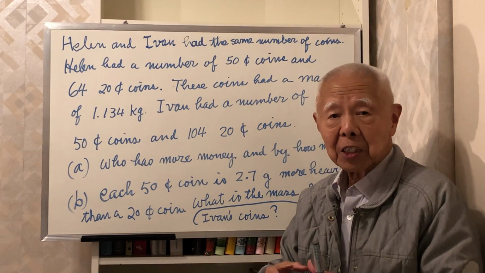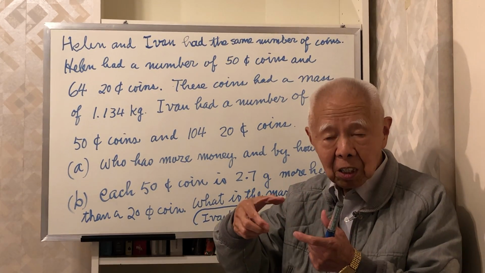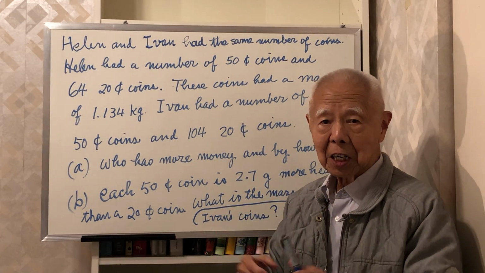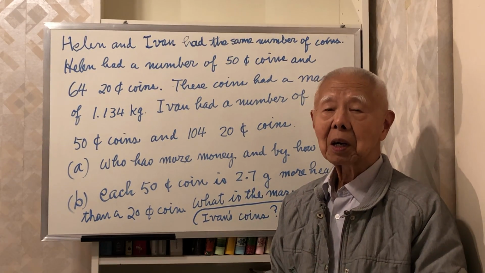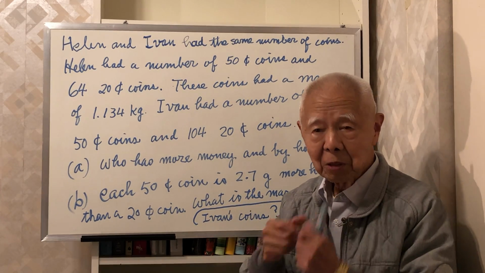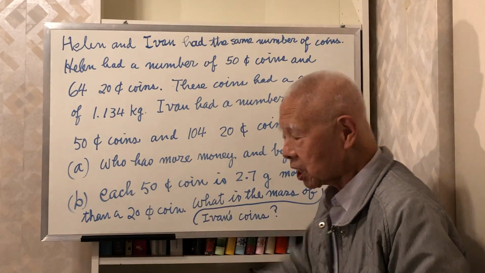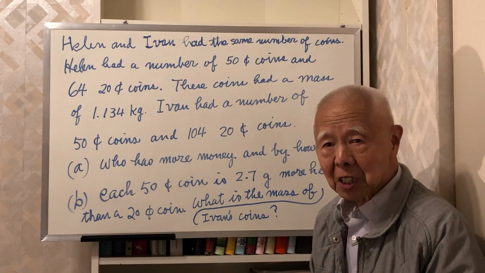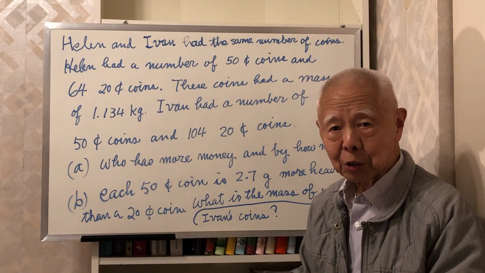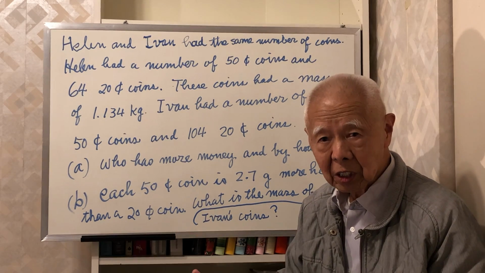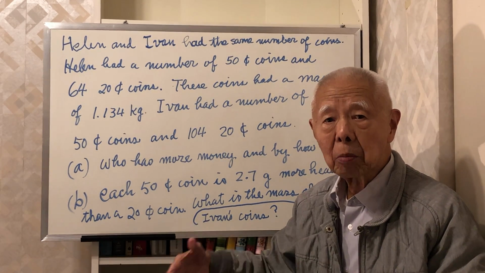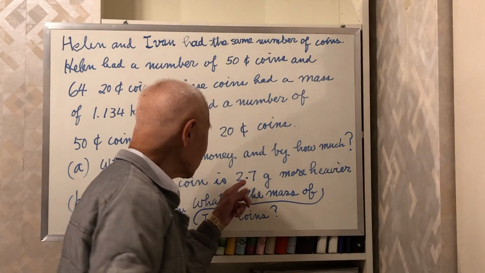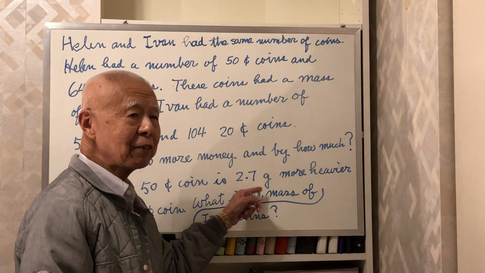The 50-cent coin, of course, is bigger and slightly heavier, and the 20-cent coin usually is smaller. Now, part B: the 50-cent coin is heavier than the 20-cent coin. How much heavier? 2.7 grams.